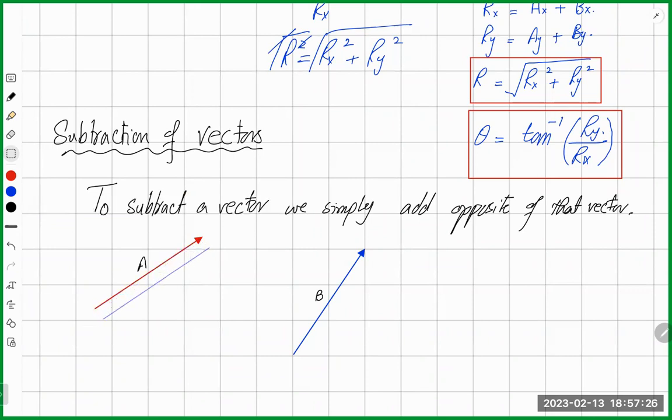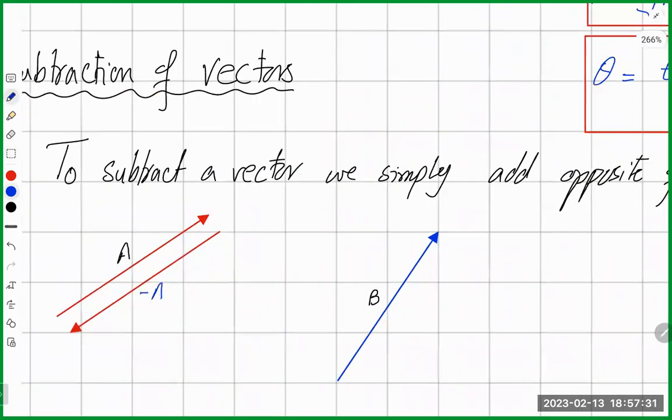Okay. Now this will be minus A. In order to find B minus A, what we will do? We will add minus A to B. See, this is what we will do.